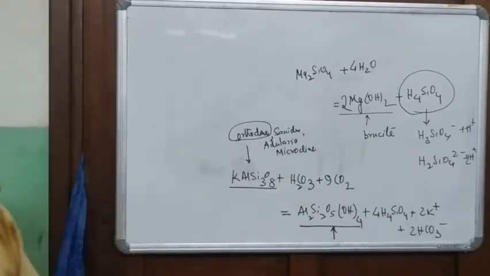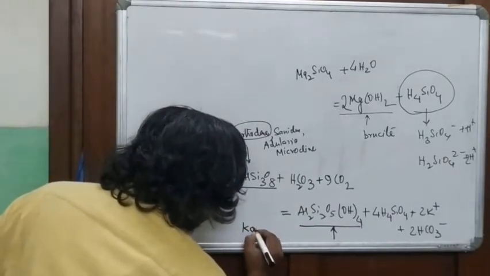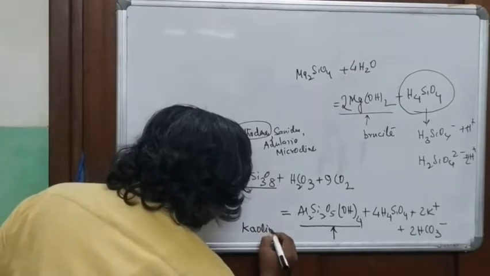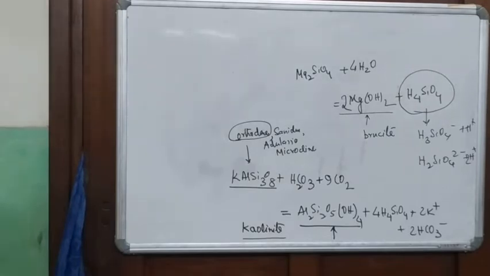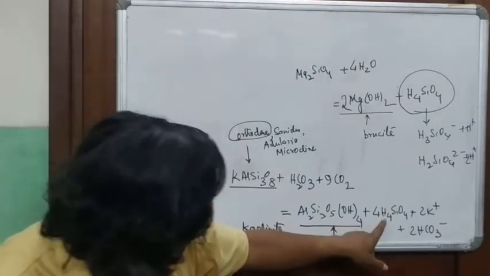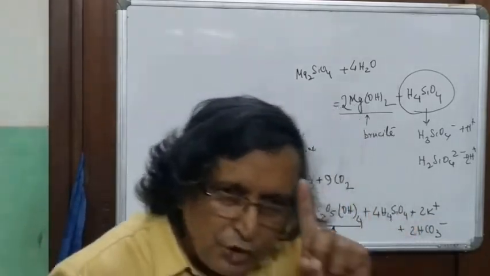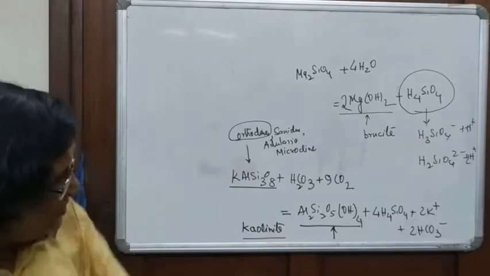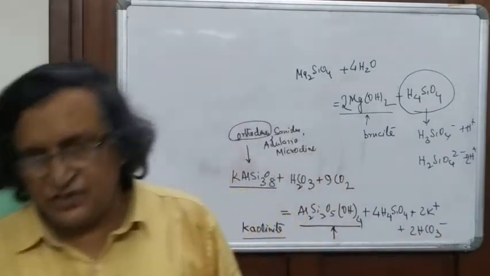I will tell you the name. The name of this mineral is kaolinite. And then you produce again orthosilicic acid plus 2 potassium ions, and then 2HCO3 minus.